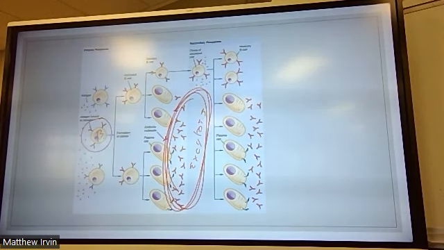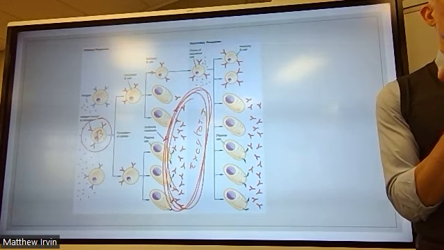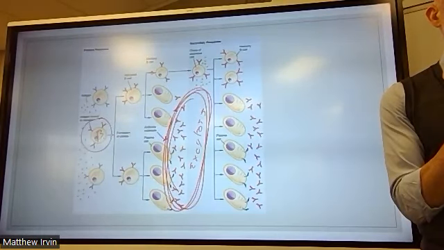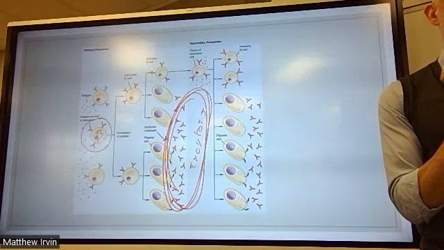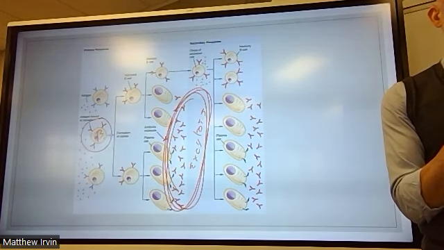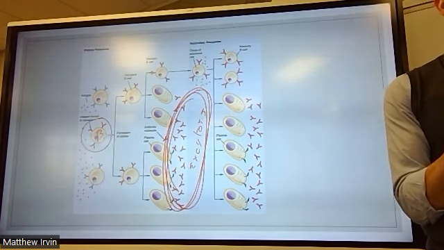And that's actually very good because that's where a lot of our pain medications work, at the chemical synapse level, blocking the transmission of the pain signal. So if everything was electrical, then a lot of our pain blockers wouldn't work.